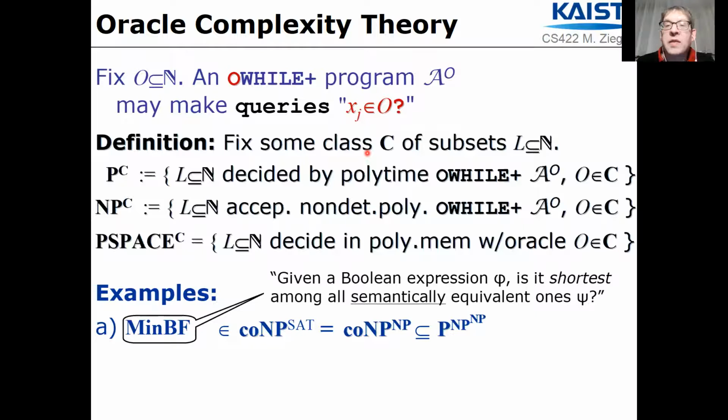Unsatisfiability itself is co-NP complete, but minimal Boolean expression is actually complete for co-NP with a satisfiability oracle, and since satisfiability is NP complete, that's the same as saying co-NP with any other NP complete oracle.